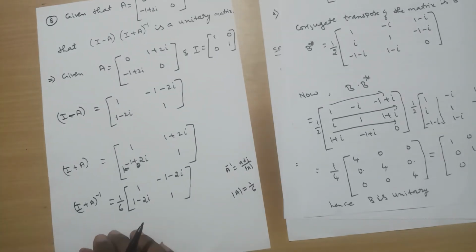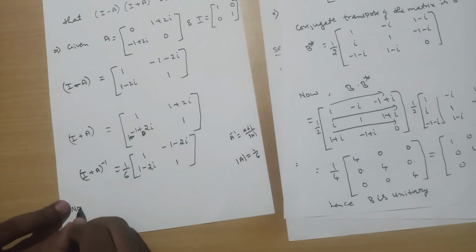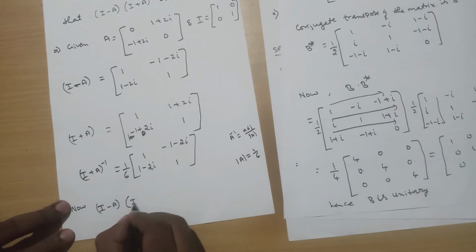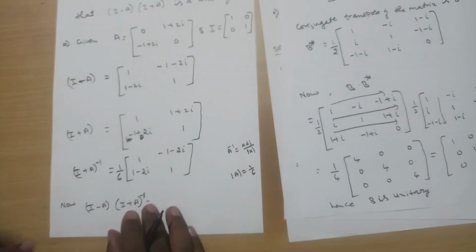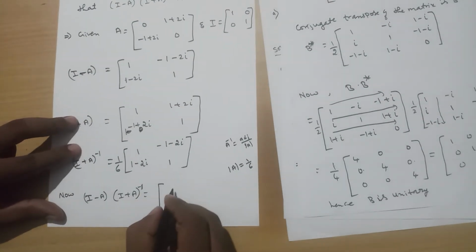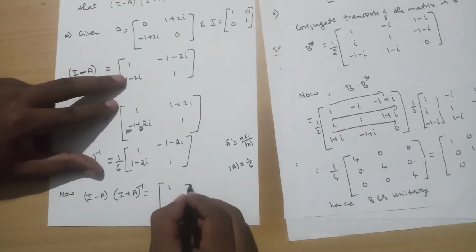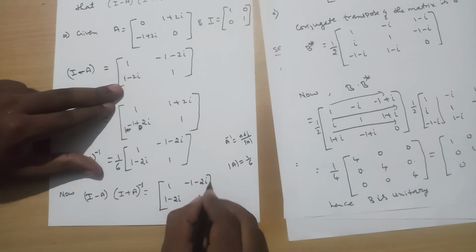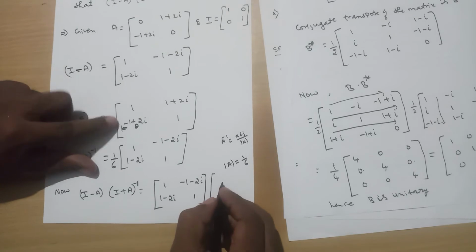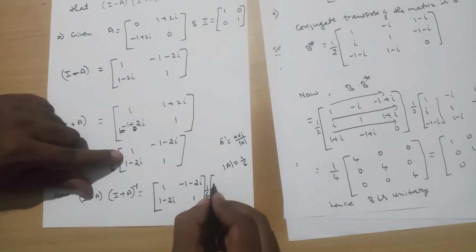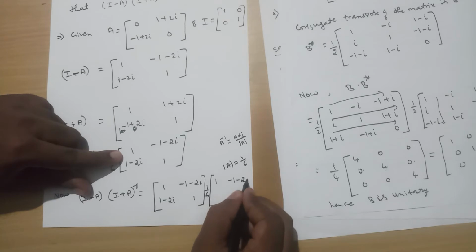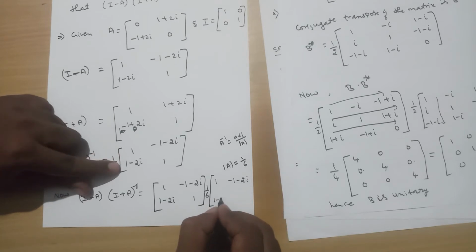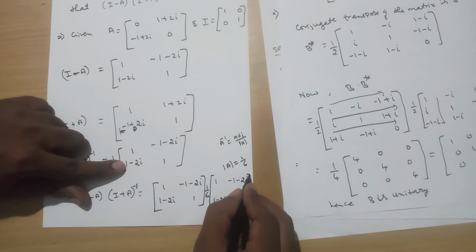Now here I minus A into I plus A inverse. So what do you get here? Matrix here I minus A andre 1 minus 1 minus 2i, 1 minus 2i 1 into, so what do you get here? 1 by 6 times of 1 minus 1 minus 2i, and here 1 minus 2i 1.